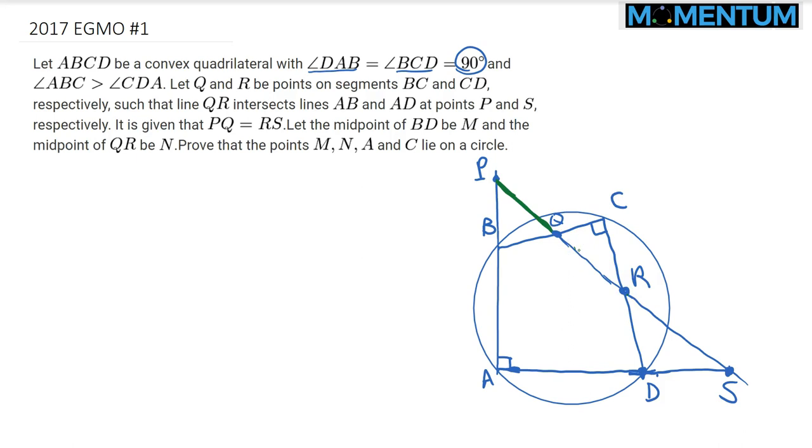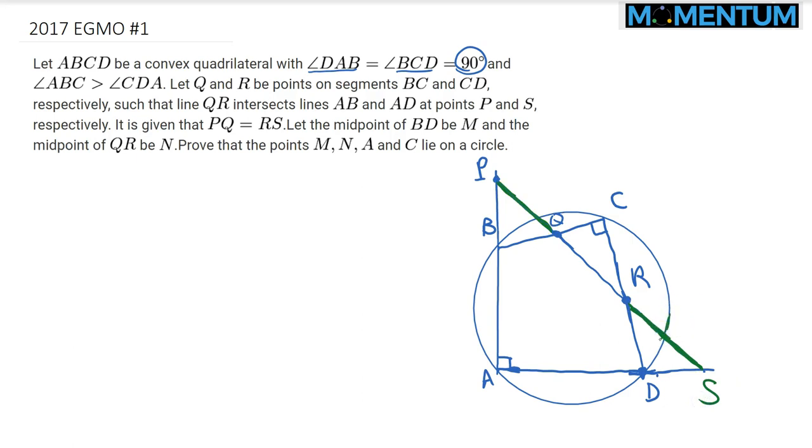So I can do a little bit of slight modification to my picture, to make it look like they are more equal. So there you go. This is the point R, and the other green segment would be this one over here. So these two green segments are congruent, RS here.